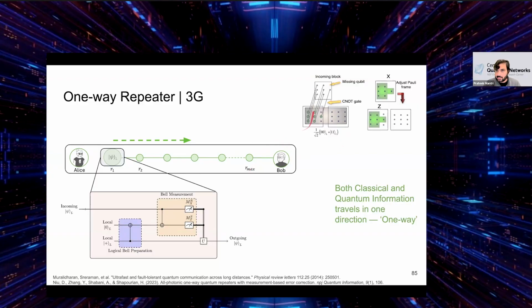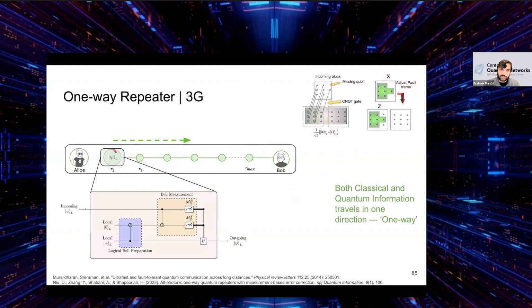Once these CNOT operations are done, you do these X and Z measurements on this and this block, and based on that, you adjust the Pauli frame or apply the unitaries on the remaining state. And this creates this freshly prepared psi L, which can then again go back in transit.